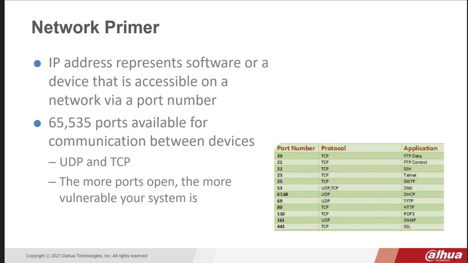And most systems, whether they be computers or anything that uses an operating system and is designed to operate on a network or communicate with other devices, will use ports. And there's approximately 65,000 ports that are available for communication between those types of devices. And they're usually broken down by either a UDP or TCP protocol.